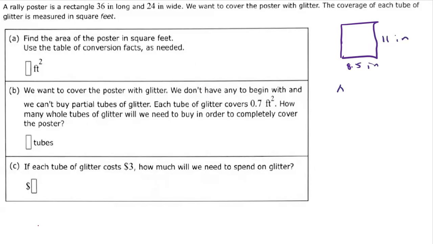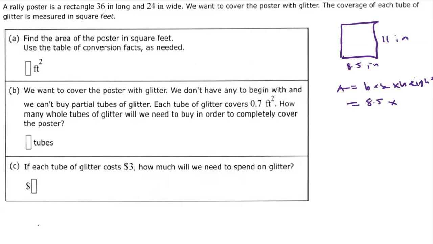If you wanted to find out the area of this sheet of paper, we just multiply the base times the height. In this case we would have 8.5 inches on the bottom and then 11 inches for the height.